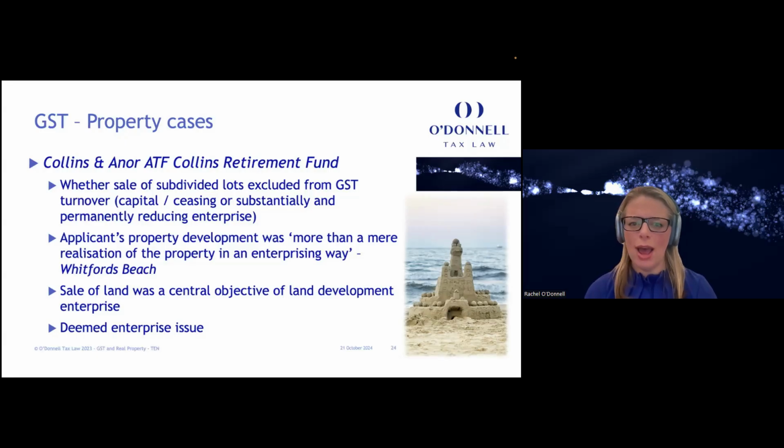So they'd been a bit more active here. They'd had what we call a one-off profit-making undertaking or exercise, and they were doing these things to make a profit. Where they did that, that means that the sale is actually not on capital account. It's actually part of the enterprise itself.